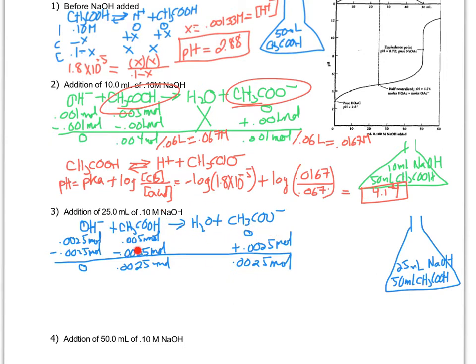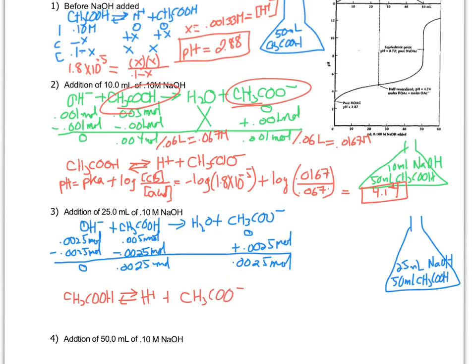And so to find the pH of a weak acid and its conjugate, you write out your dissociation equation of your acid, CH3COOH, H plus and acetate ion. And you do one of two things.